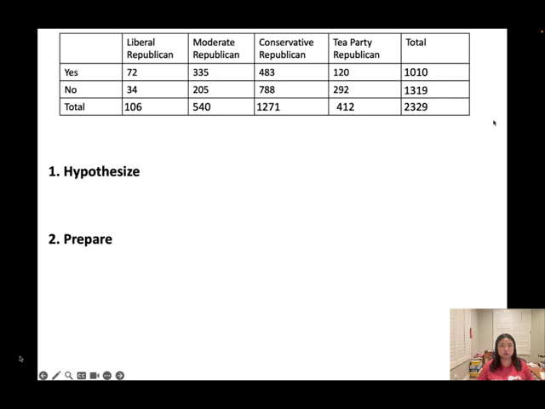Now I'll show you guys the first one, how to find the expected frequency. E11, we are talking about this cell. So we draw the line here, draw the line here. So the expected frequency will be 1010 times 106 divided by the grand total, which is going to be 45.96.